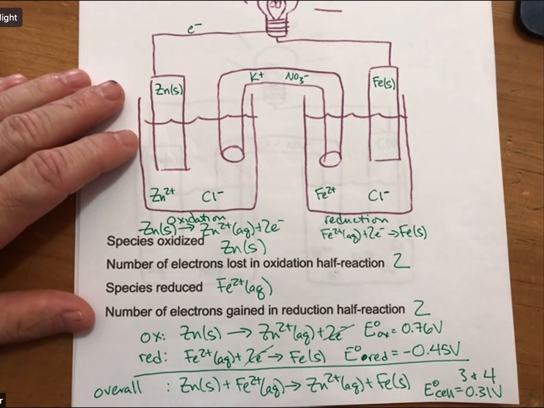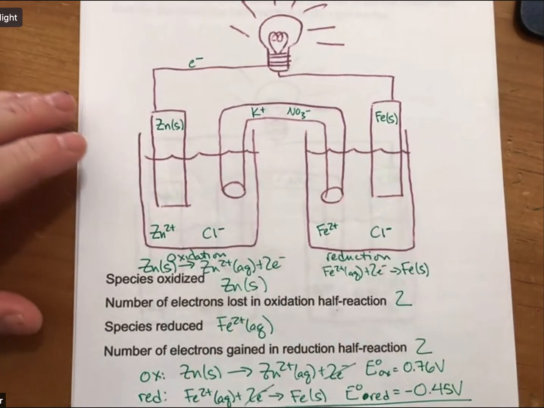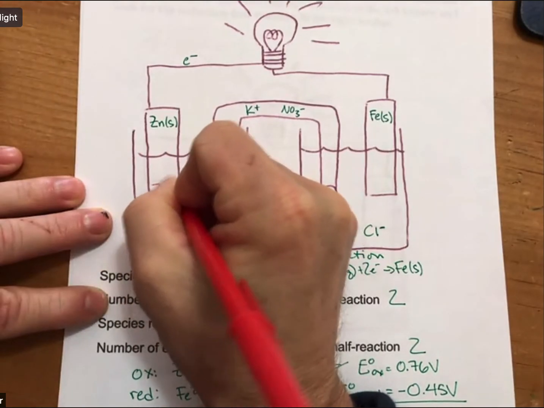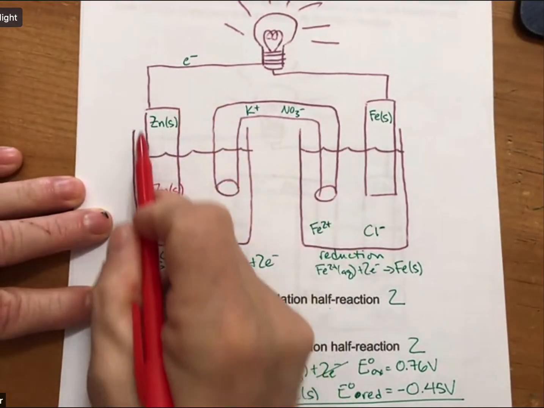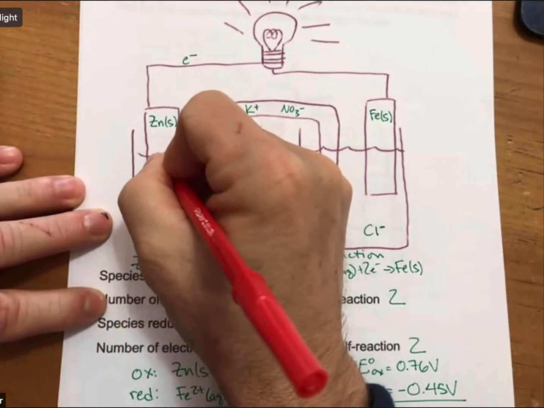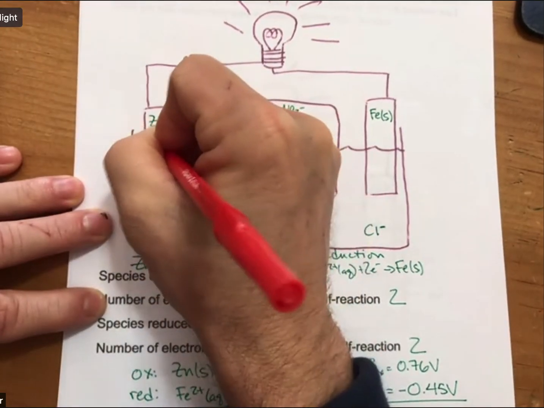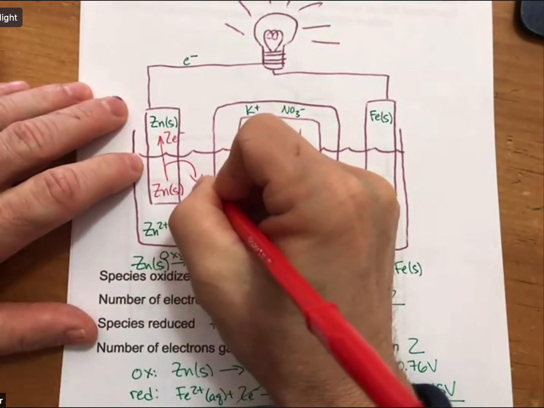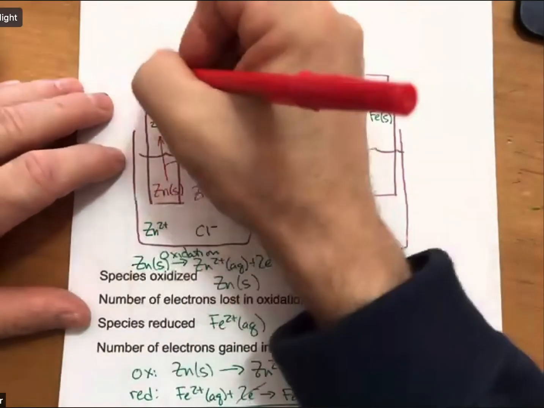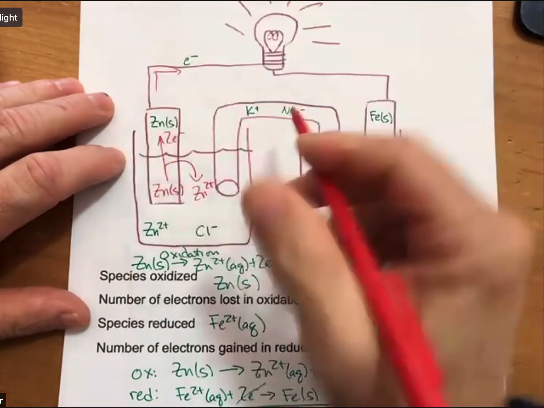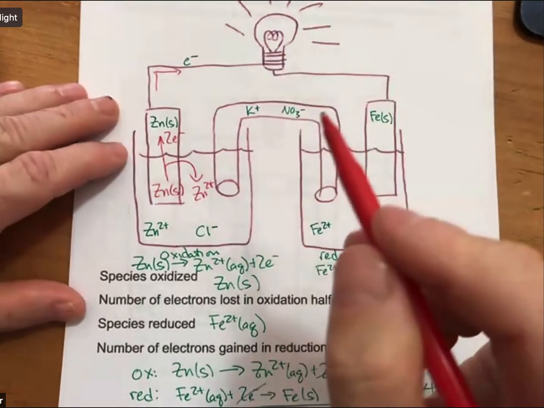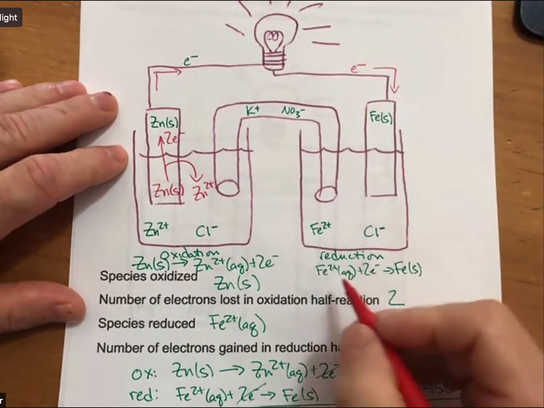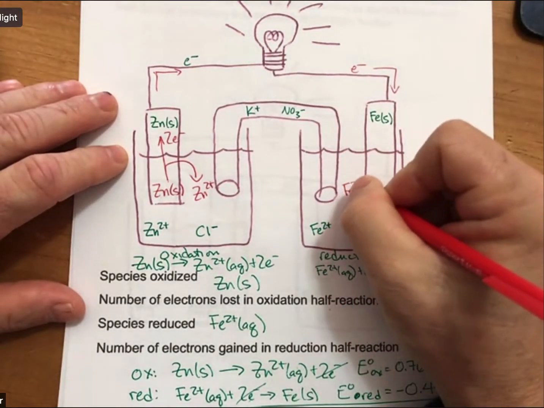Okay. Now again, we can imagine that in this picture, we have zinc solid, which is this metal strip right here. It's going to split into 2 electrons and zinc 2 plus. Those electrons are then going to go through the wire, light up the light bulb, well, in theory at least anyway, then keep on going over here where they will meet up with an Fe2 plus.